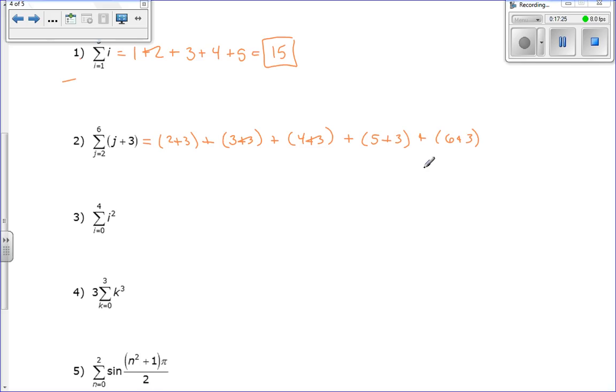And then I just add everything up. This is 5 plus 6 plus 7 plus 8 plus 9. I'm going to add all those numbers up, I get 35.